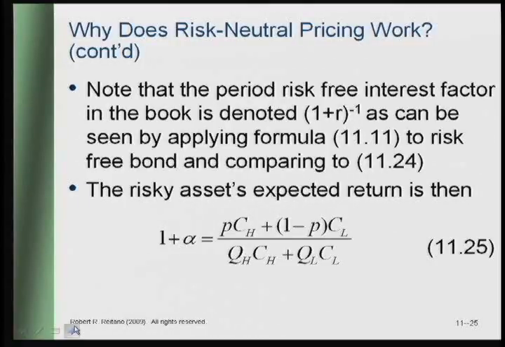Well, the risky asset on the top is the expected value of C at the future time, and this is the price. So if I take the expected value of the payoff divided by the price, that would be 1 plus the expected return. So alpha is the expected return obtained by taking the expected payoff divided by the price.